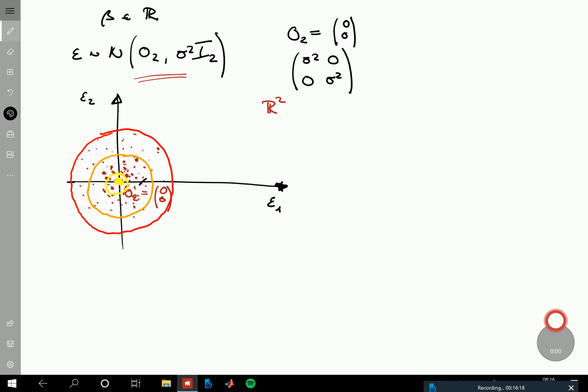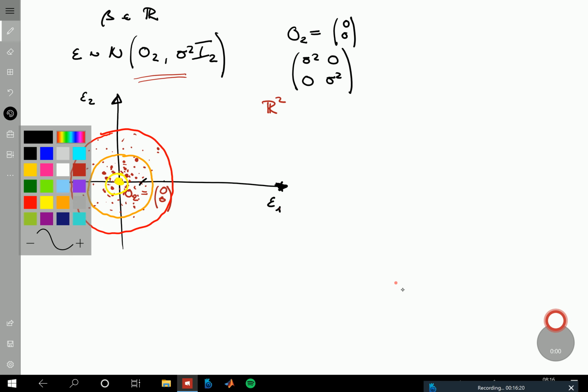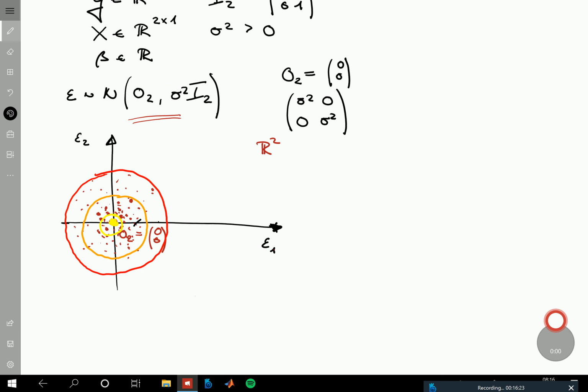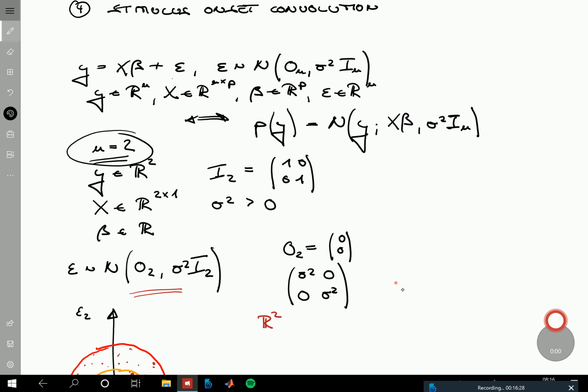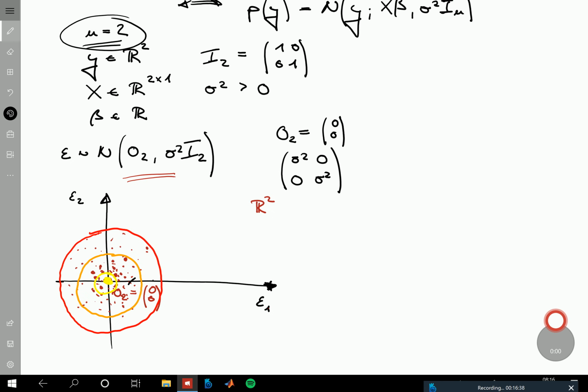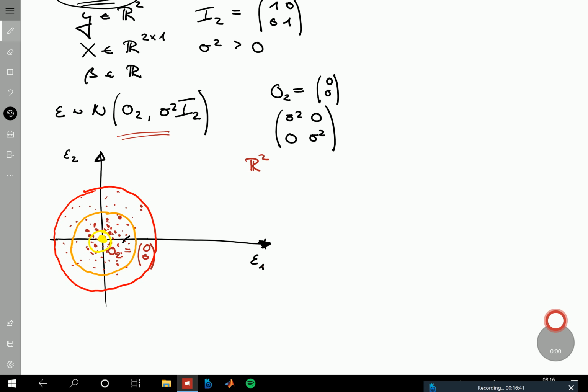Now the important thing is that in the GLM, of course, we have this epsilon, but then we add to it something that is non-random, namely the design matrix times the beta parameter vector. For our example here, let's assume that our design matrix is 1, 1, and our beta parameter is 2.